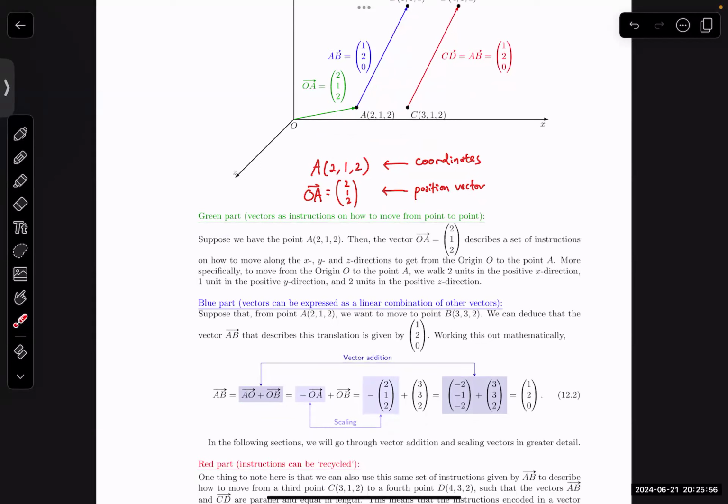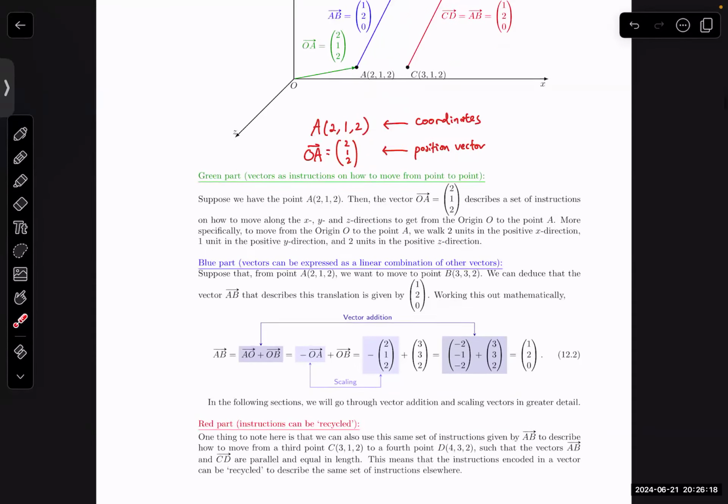I typically don't like how some teachers teach you to write vector AB as OB minus OA. I don't really like it because I need to memorize something. I don't like to memorize stuff.